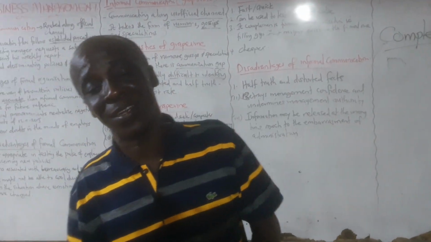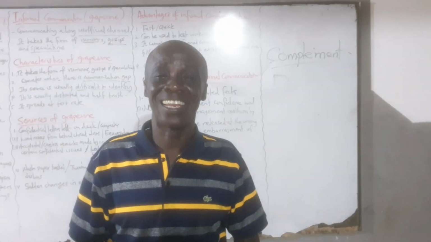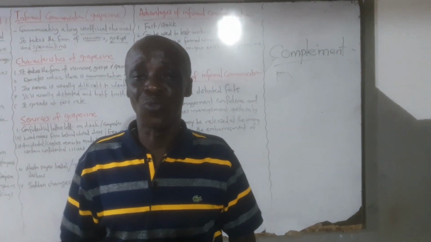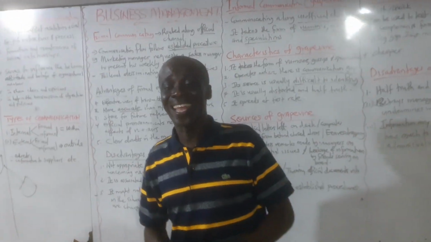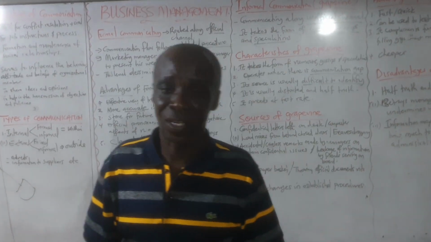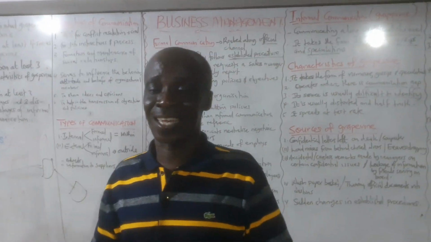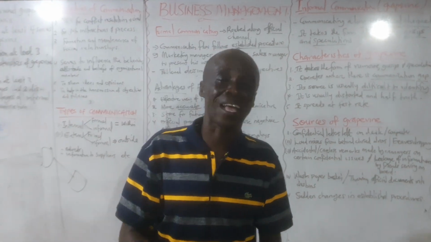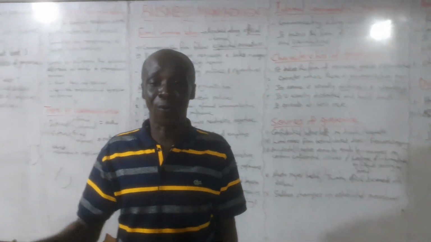Ladies and gentlemen, that brings us to the end of our lessons this evening. We have talked about the objectives of communication and then the types of communication. Under the types, we talked about internal and external. Then we said internal can be formal or informal, and external can be formal or informal.